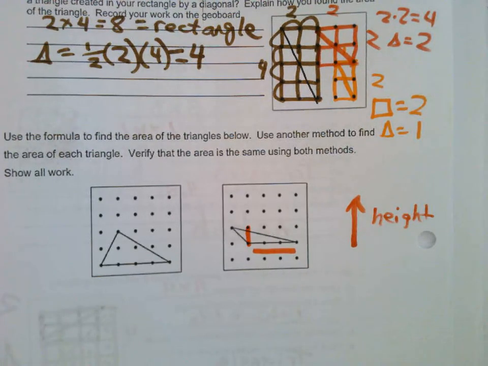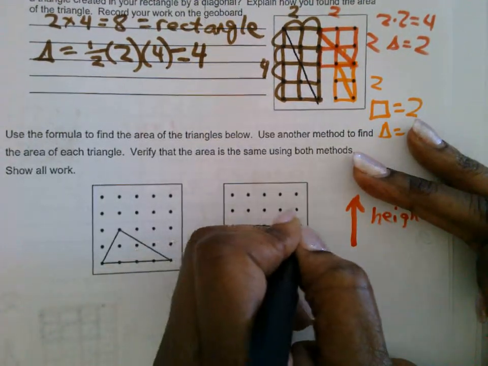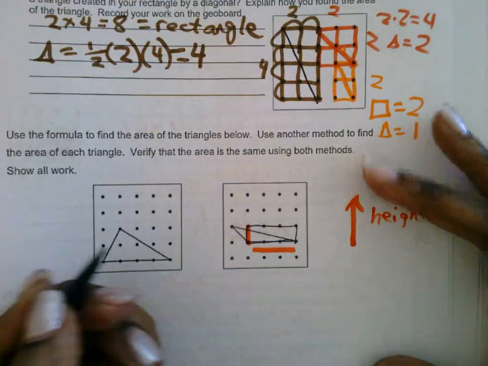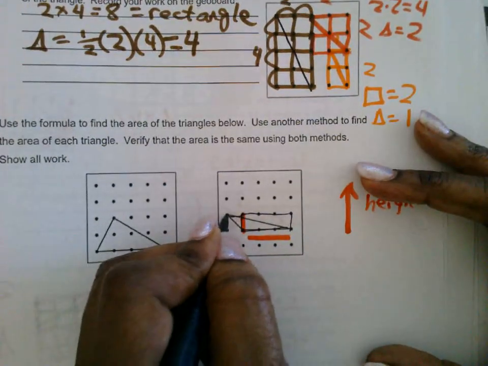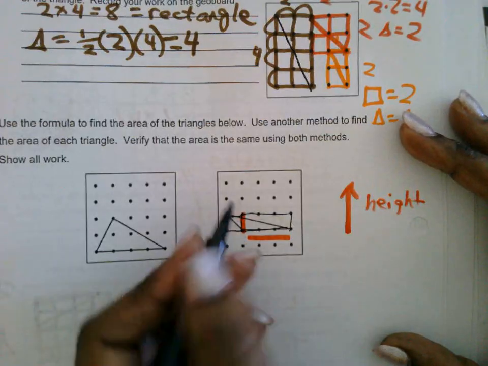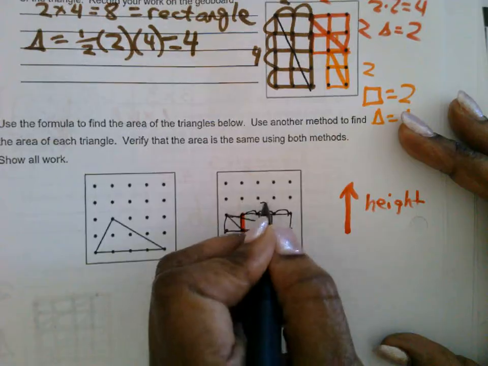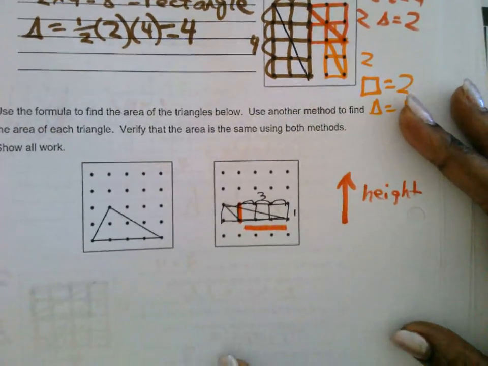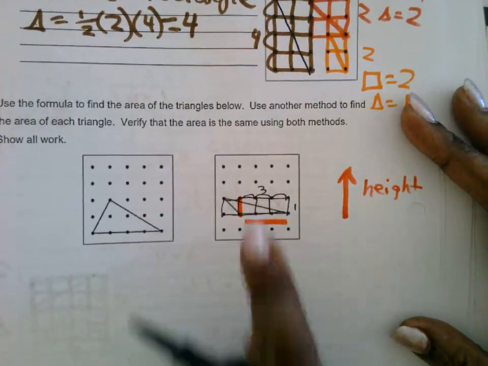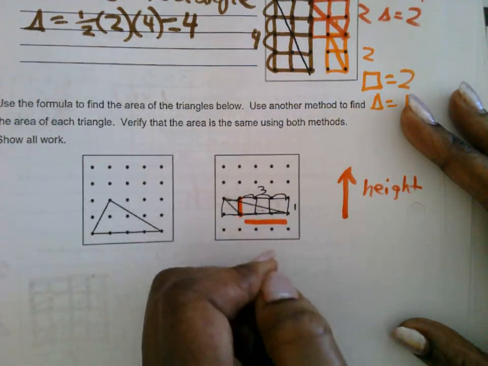I kind of like this problem because I feel like even if I did not know the formula, I could probably piece together a rectangle and another rectangle and take half of it. So if this is a rectangle, that's a 1x3. Do y'all see my 1x3 right here? Yes or no? Yes. Okay, so this one would be 1.5.